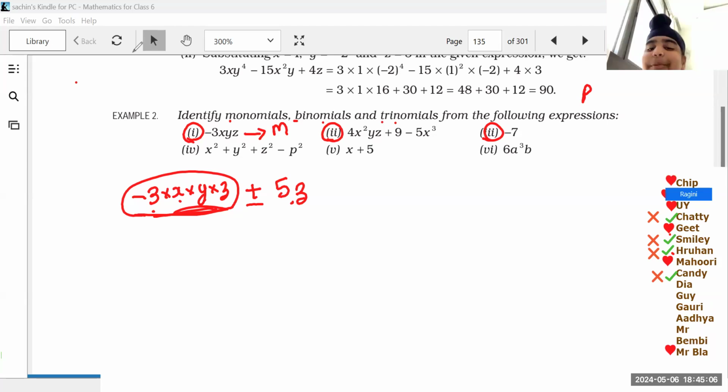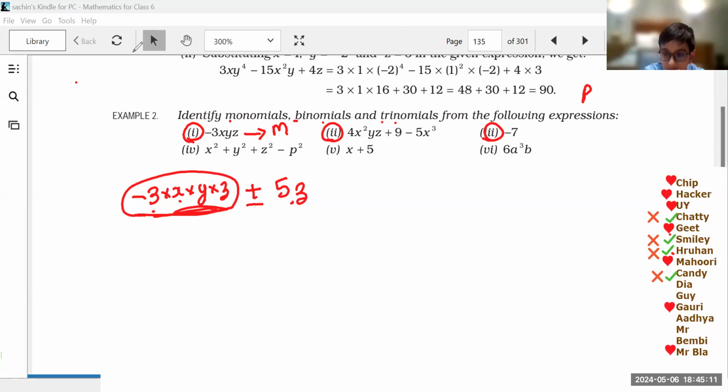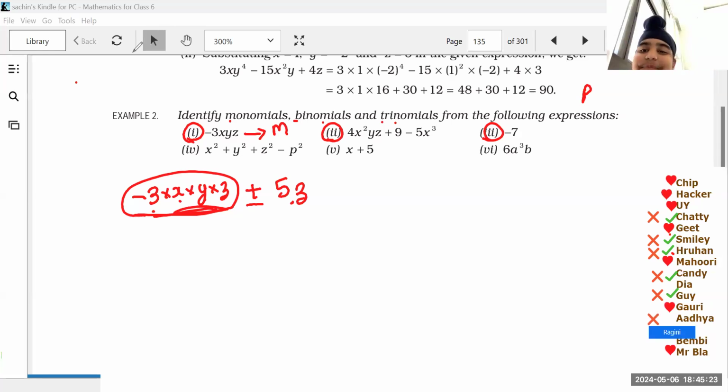Centinomial? Sir, they are given names till infinity. No, beta, generally they are not even used. Generally, we use till trinomial only. Then we start calling them polynomial. I'm pretty sure it's centinomial.